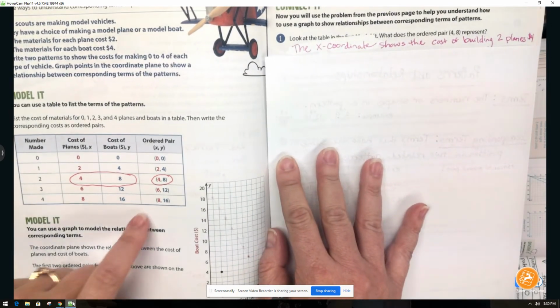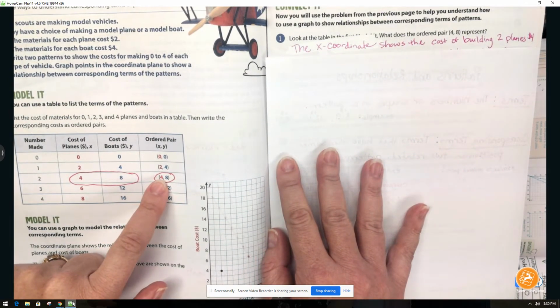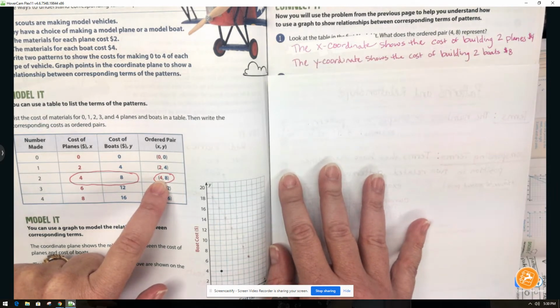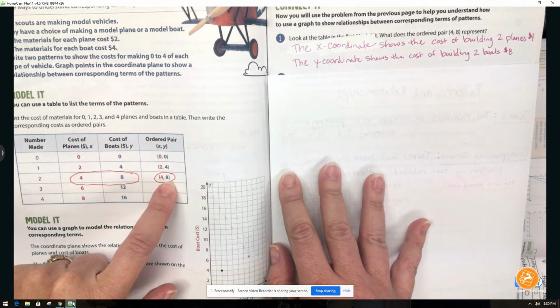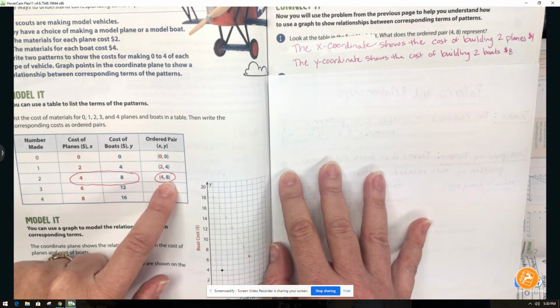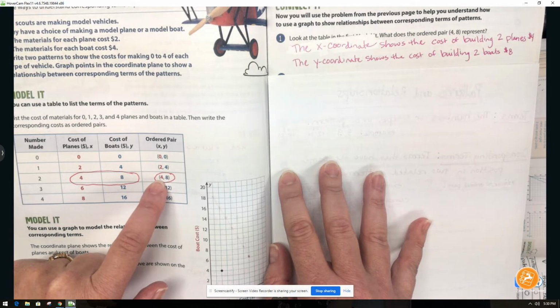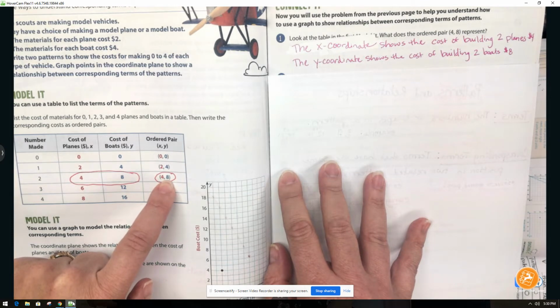So the x-coordinate, which is 4, shows the cost of building 2 planes, which is $4. The y-coordinate, which is the blue, and that's 8, shows the cost of building 2 boats, which would be $8. So when you buy 2 planes, it is $4, and you buy 2 boats, it's $8.